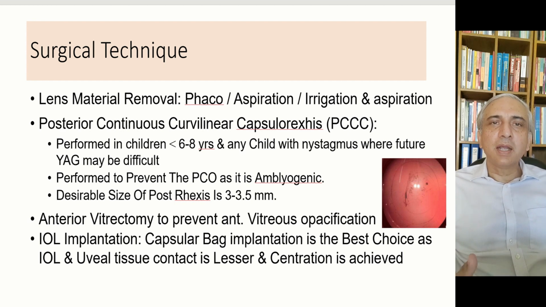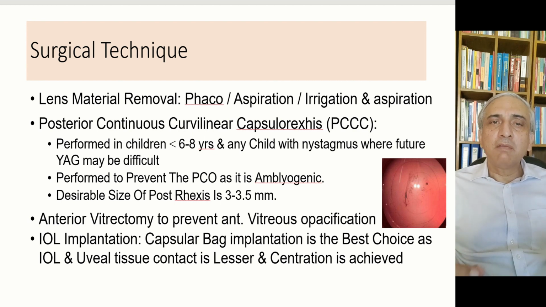But in children, we deliberately do a posterior capsulotomy and anterior vitrectomy to clear the visual axis, because children cannot undergo repeated surgery, and if they do, they tend to get more inflammation and the eye can be lost just due to excessive uveitis and pupillary membranes forming on the lens.